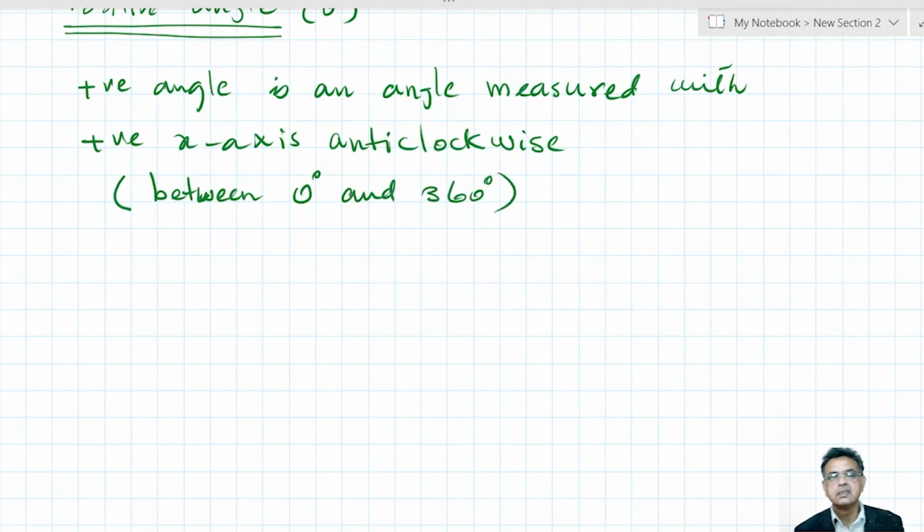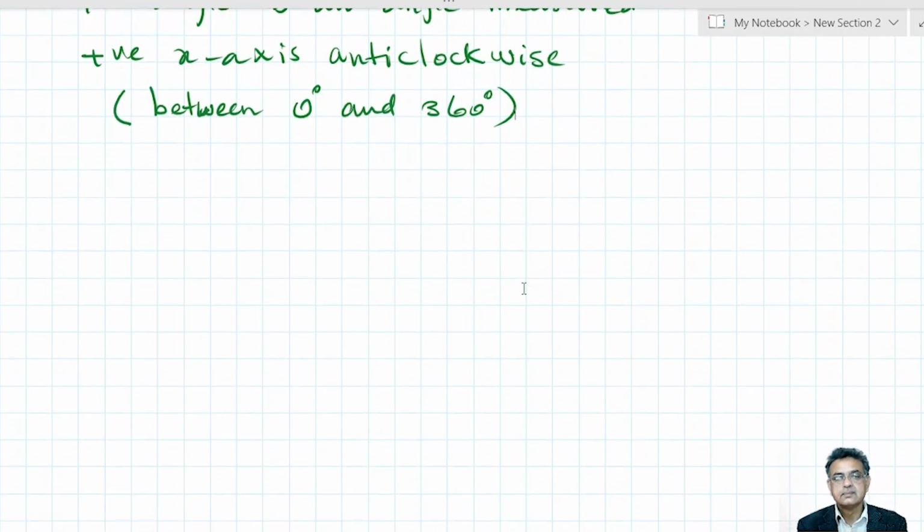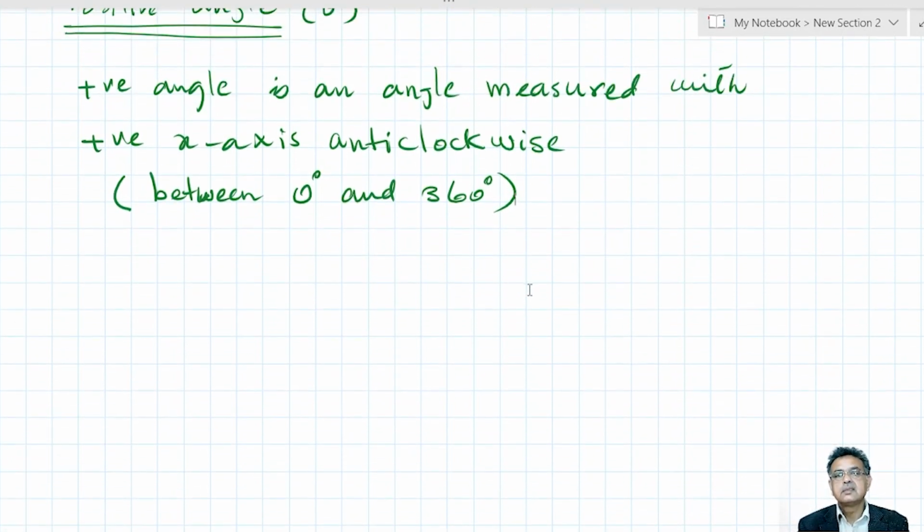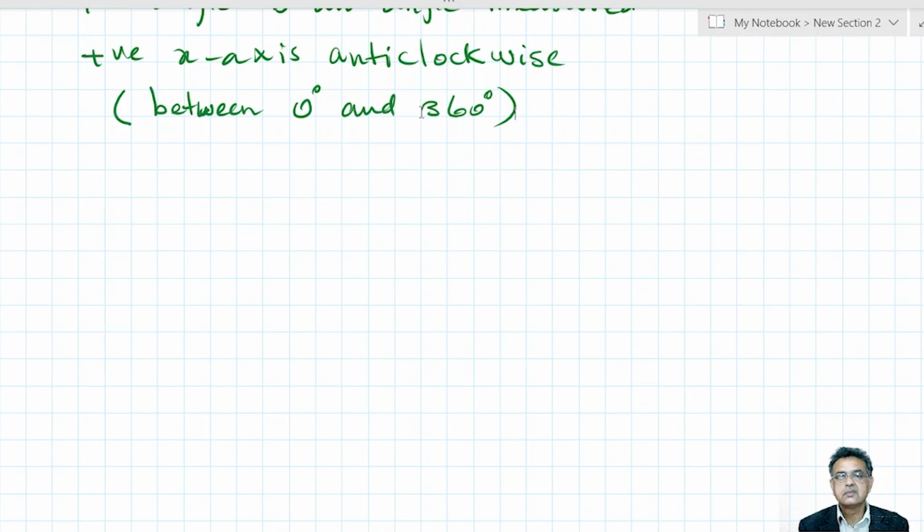Initially we will consider this range, and later on you can extend it to 720 degrees or even more than that. There are some general expressions of these angles, but we will restrict ourselves only to the basic definitions.